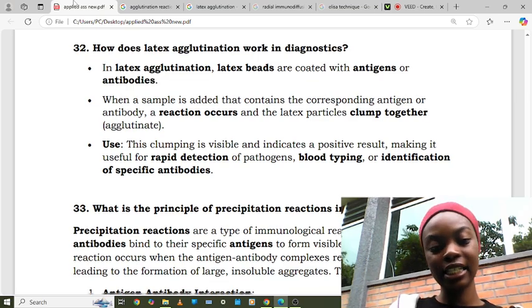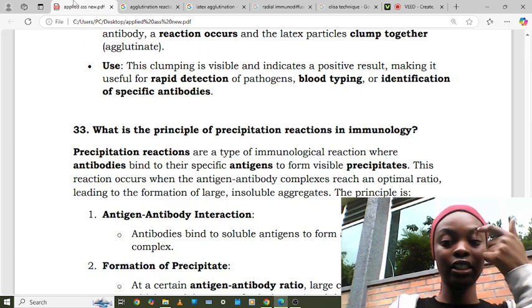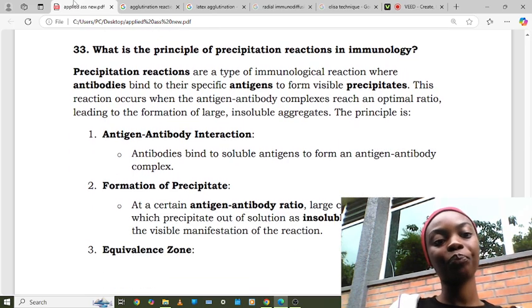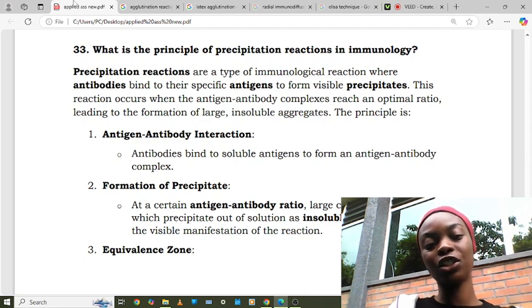Next question is, what is the principle of precipitation reaction in immunology? Precipitation reactions are a type of immunological reaction where antibodies bind to their specific antigen to form visible precipitates. This reaction occurs when an antigen and antibody complex reach an optimal ratio, leading to the formation of large insoluble aggregates.